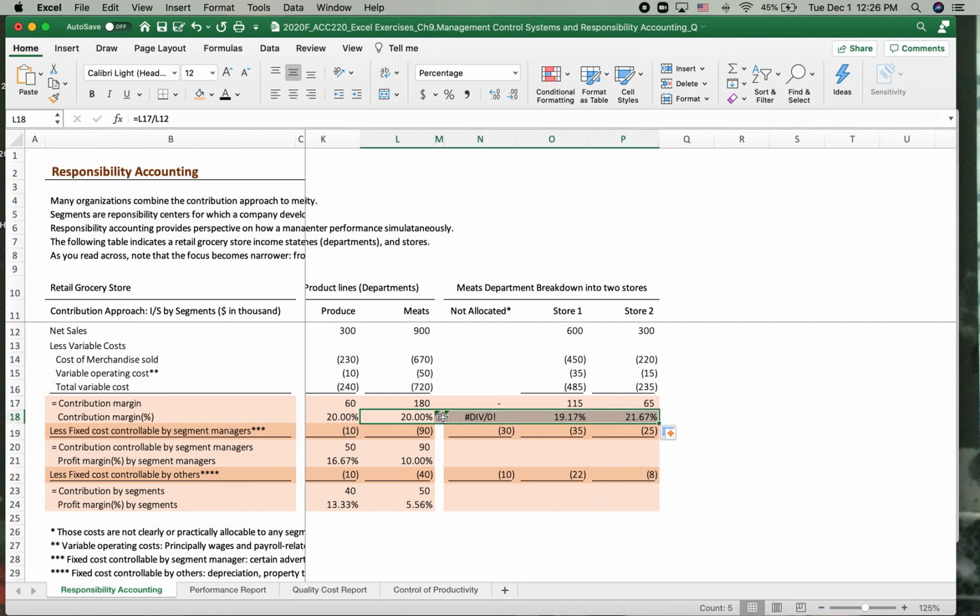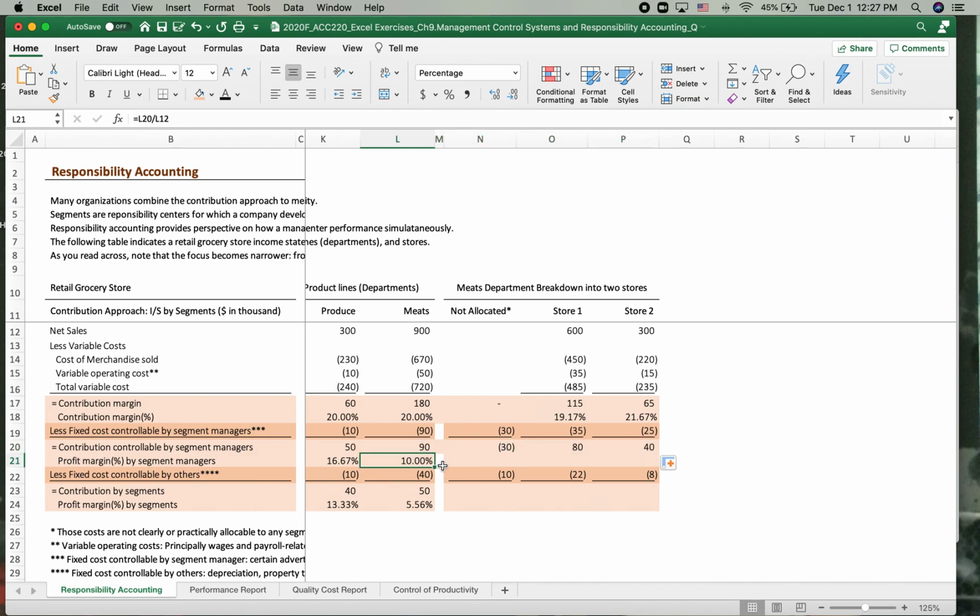Then we found the store 1 contribution margin is a little bit lower than store 2, but the difference is not significant or material. Now let's evaluate the segment managers. The segment managers in store 1 made 880, which is higher than store 2's $40,000.